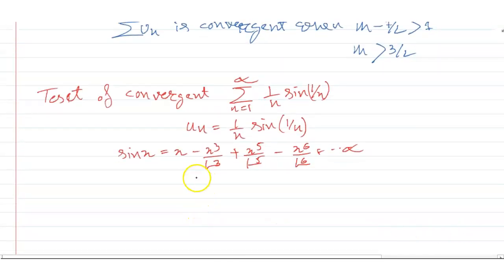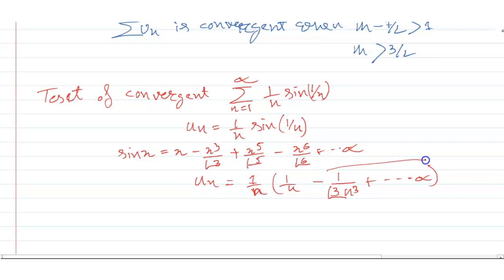So Un equals 1 by n into 1 by n minus 1 by 3 factorial n cube plus up to infinity. So friends, the higher terms are neglected. I get Vn equals 1 by n square.